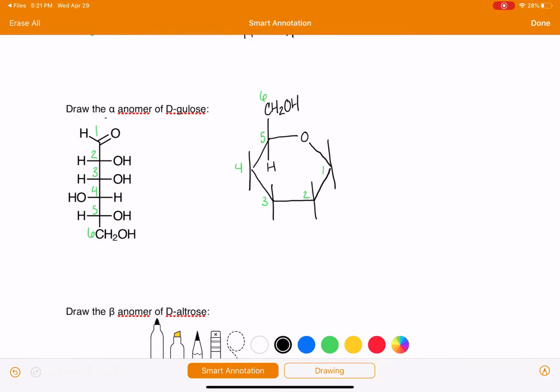This problem tells us we're drawing the alpha anomer. So at carbon number 1, we want the OH to be down. For carbons 2, 3, and 4, we have to imagine turning the molecule on its side. Where will the OHs go? Down, down, up.